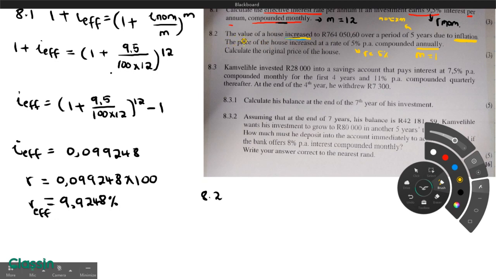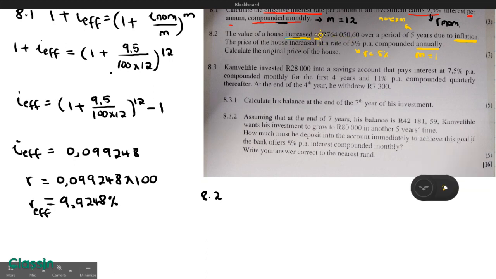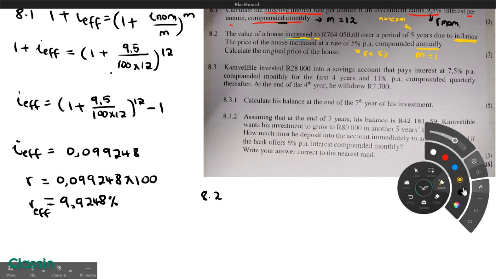When we say the value of the house increased to this, it means that initially there was a price, but after that increase, it now became this.